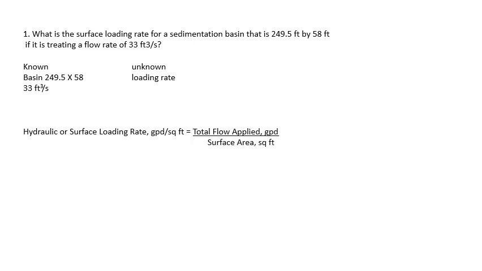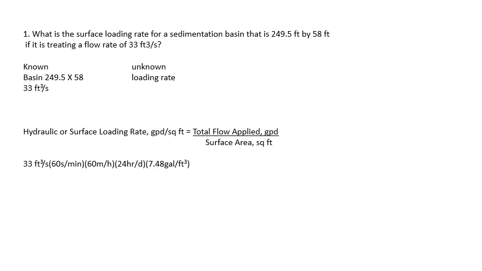The formula for surface loading, or hydraulic surface loading rate, is the total flow applied, gallons per day, divided by the surface area, square feet. Well, first we're going to have to convert our cubic feet per second into gallons per day.